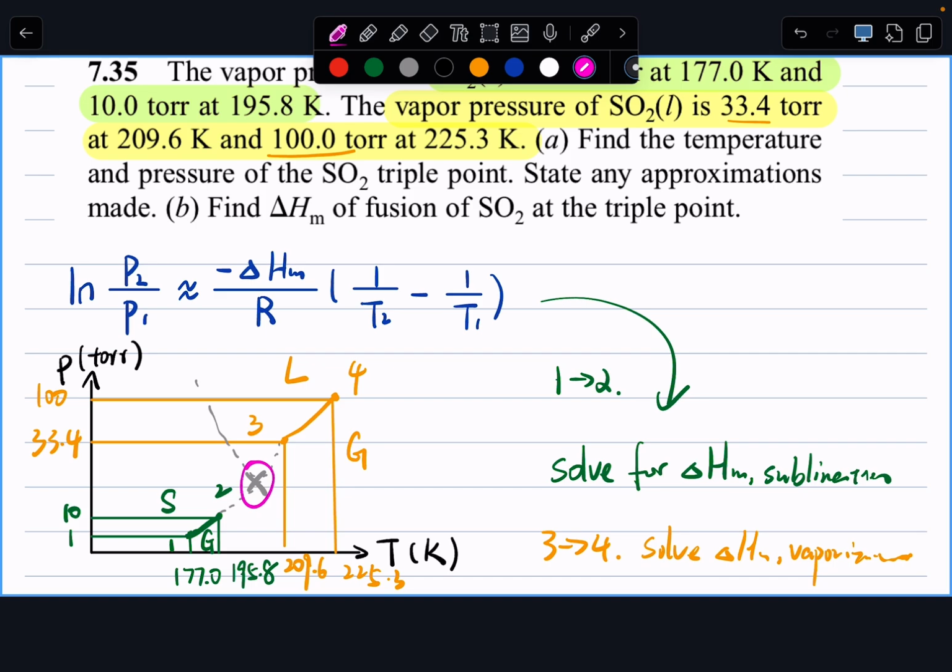Thinking about how we do it: if we look at the point X to point 3, that is again a liquid-gas equilibrium.